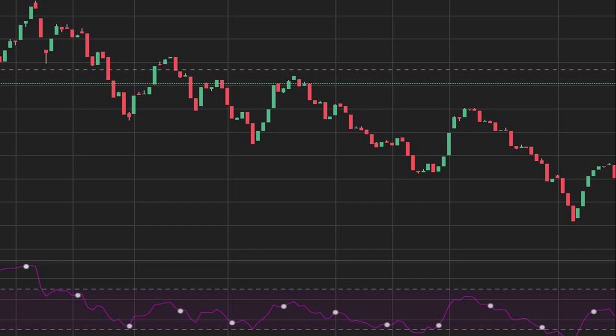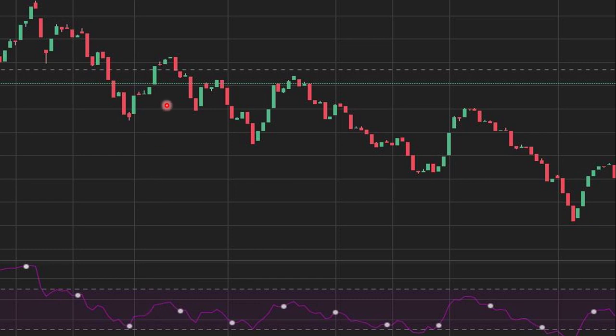Let's see when this indicator gives us a selling signal. We have a downward trend and we only get selling signals, selling positions. The 50 line is around here, and we try to use this line to get only sell positions, and to find out when we are in the overbought zone.